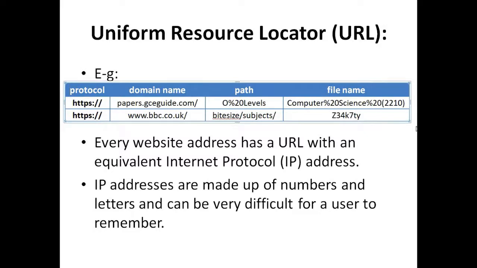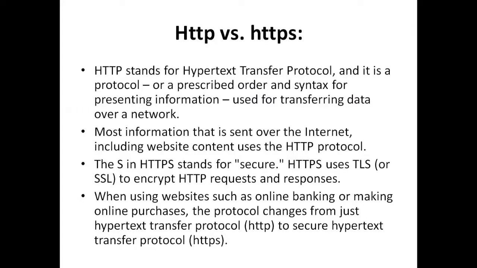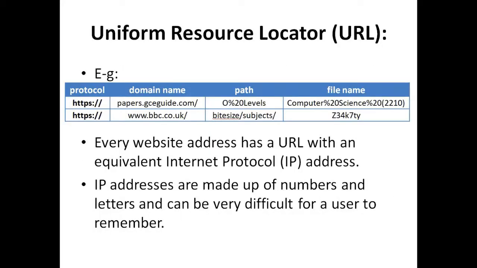Every website address has a URL with an equivalent internet protocol address. IP addresses are made up of numbers and letters and can be very difficult for a user to remember. So what happens basically when you type in www.google.com? A DNS server kicks in.